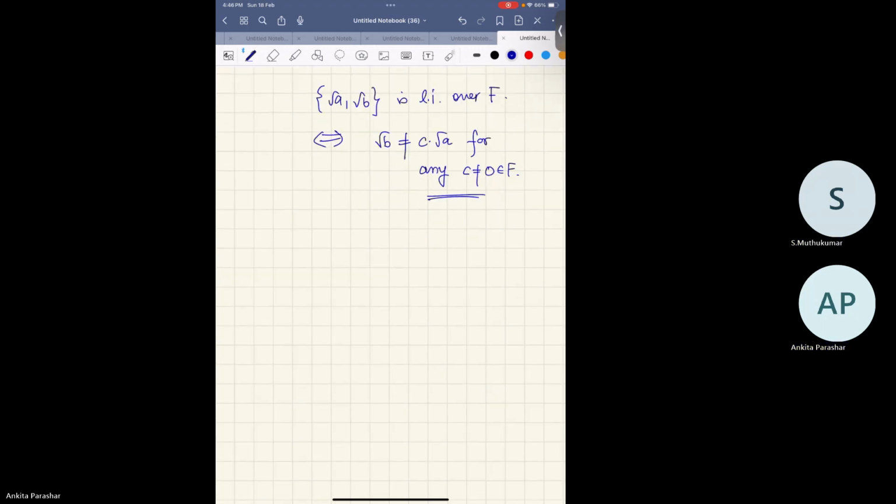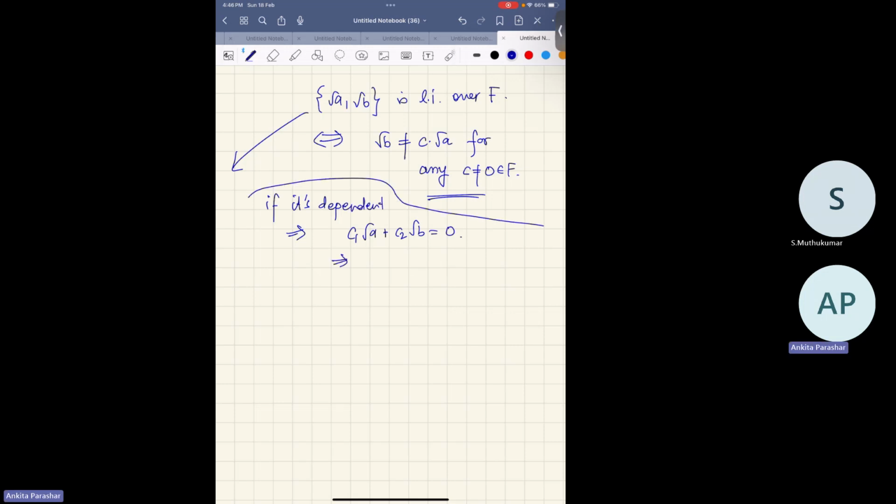This thing: if a set is dependent, then you can write C1 root A plus C2 root B is 0, and both cannot be 0 if it is dependent.